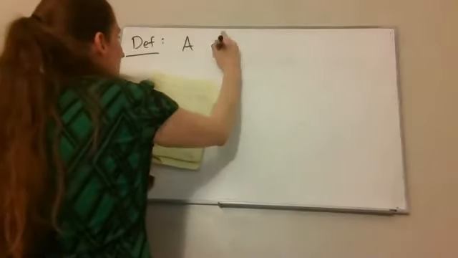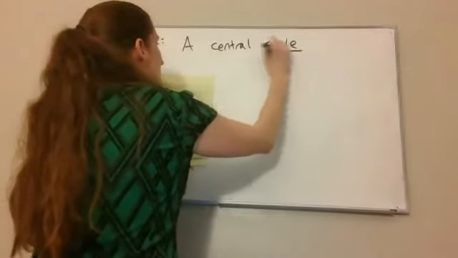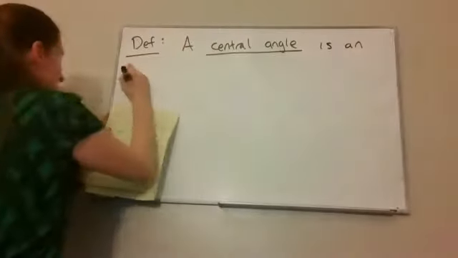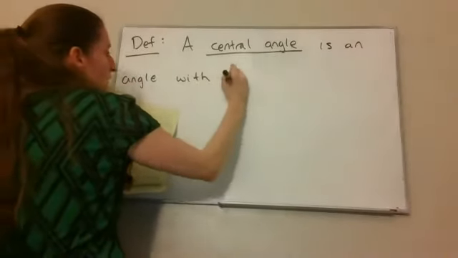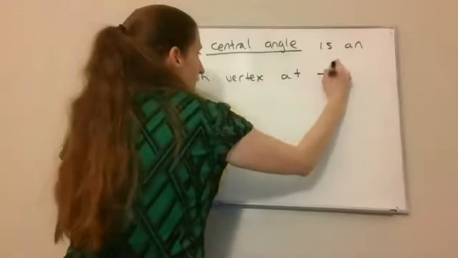A central angle is an angle with a vertex at the center of a circle.